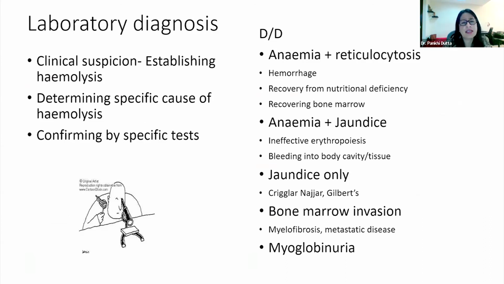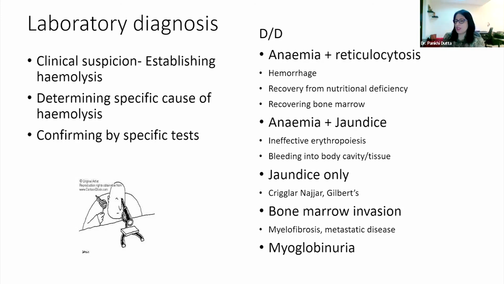So laboratory diagnosis of hemolytic anemia will start with the clinical suspicion, establishing hemolysis. Then we would go on to determine the specific cause of hemolysis. And you might need to confirm by specific tests, like EMA binding, which is actually a screening test, but pretty sensitive.